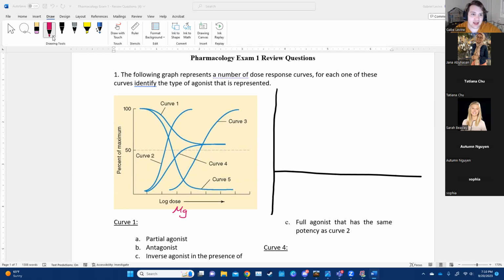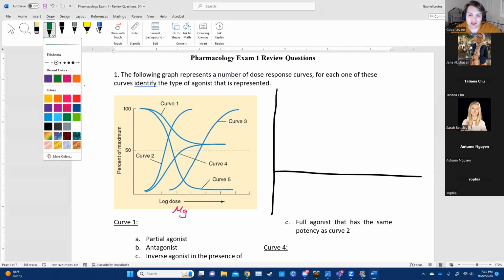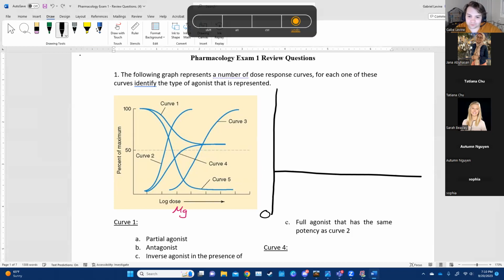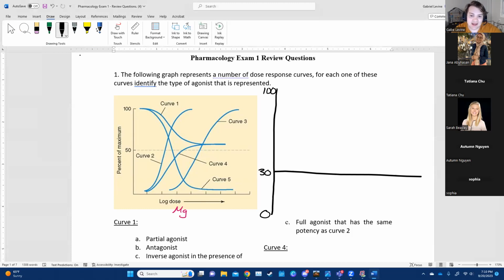A full agonist. Actually, before we talk about that, what's important to know is that the body has a natural amount of activation that it normally exists at. We call this the basal activity.